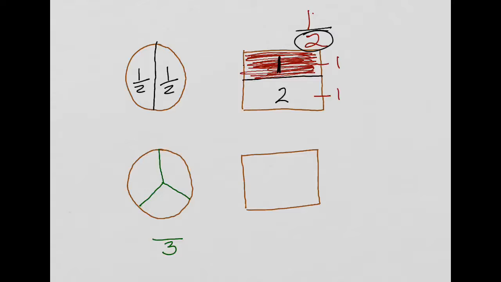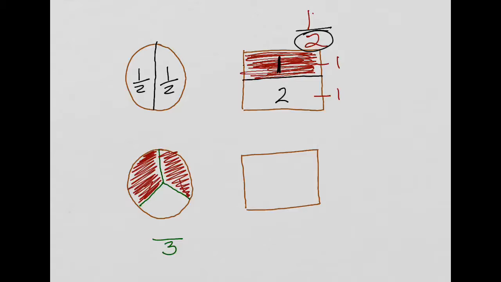Now, to find out the top number, we're going to color in a certain amount. I'm just going to choose a number. I'm going to choose 2 pieces. And if I asked you, how many pieces are colored in? You would say 2, right?